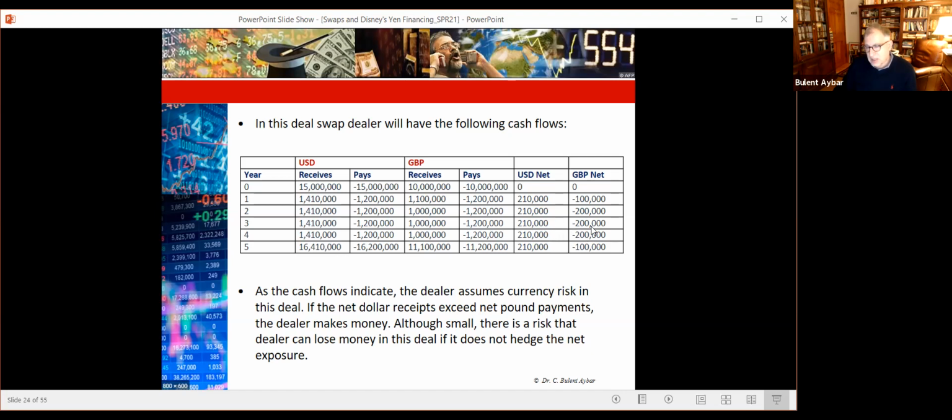But that's an unlikely situation. In this case, most likely the swap dealer will close the deal with a profit, but obviously it is taking the currency risk in the deal.